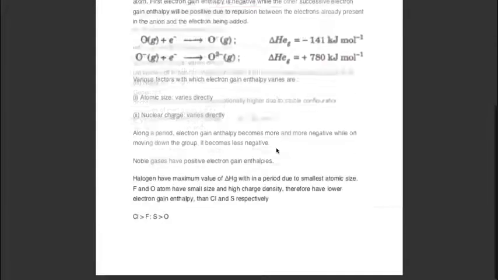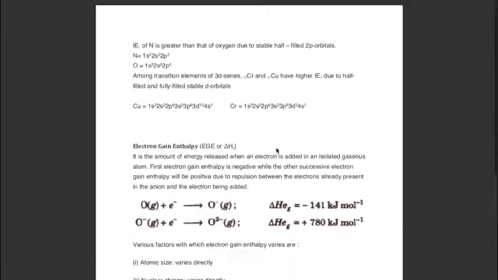Let us discuss why it is so. The electronic configuration of nitrogen is 1s2 2s2 2p3 and of oxygen is 1s2 2s2 2p4. So it is clear from their electronic configuration that nitrogen is in a stable form as its p subshell is half filled.